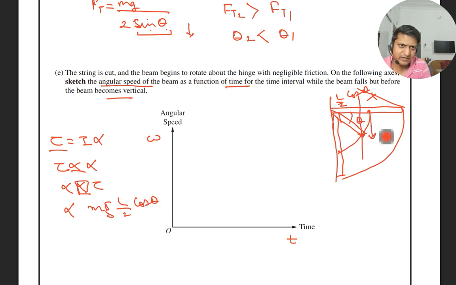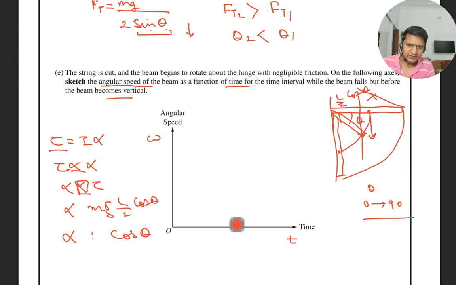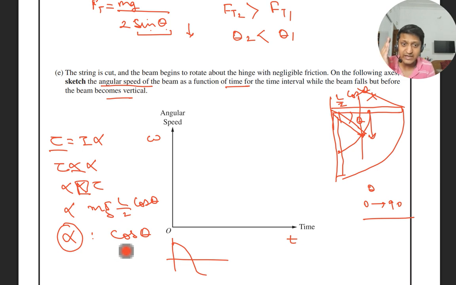If theta is now increasing from 0 to 90 degrees, we can say that alpha is directly proportional to cos theta. As theta increases from 0 to 90, the cos graph is like this. It means that alpha, the angular acceleration, is decreasing, and the slope of the omega versus t graph is alpha.